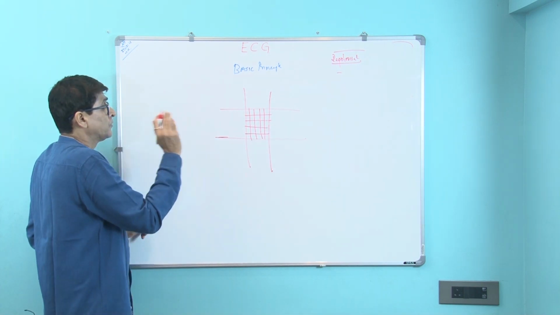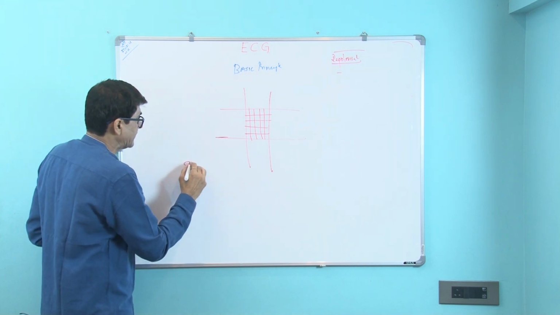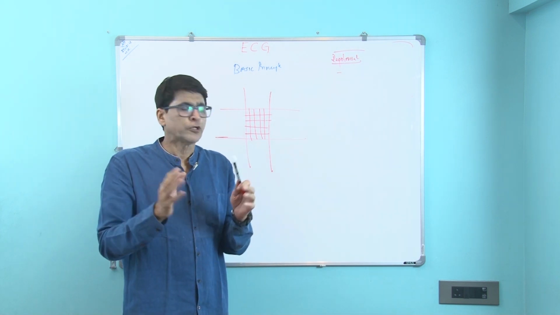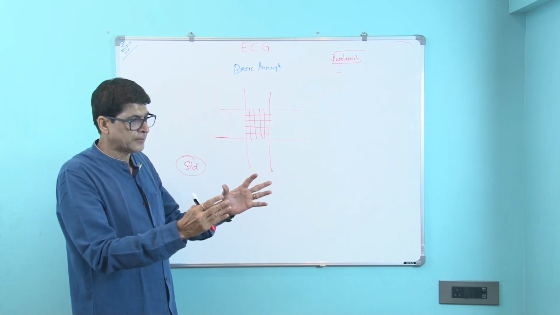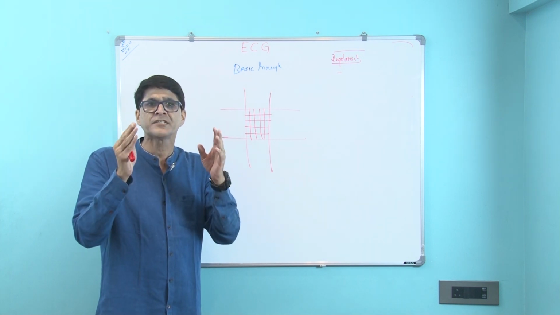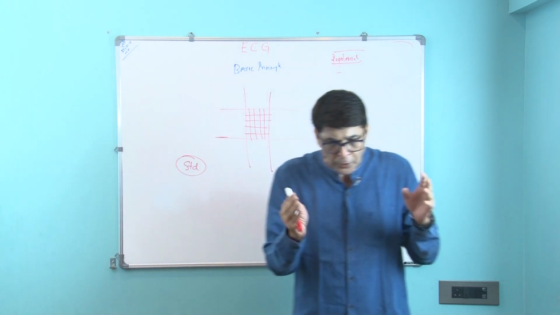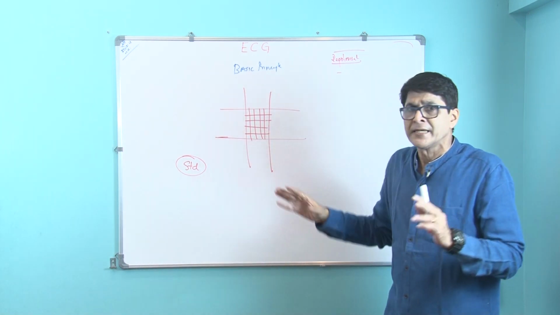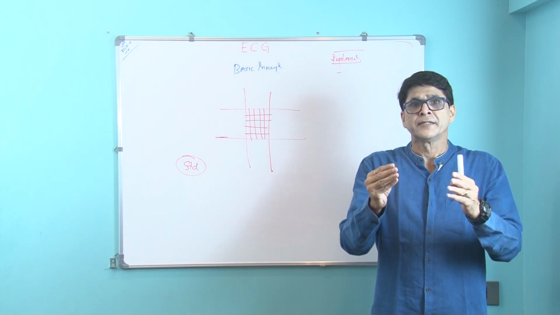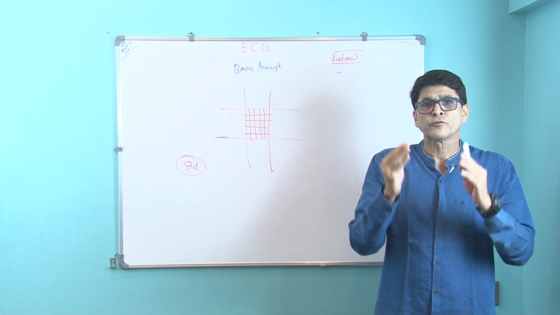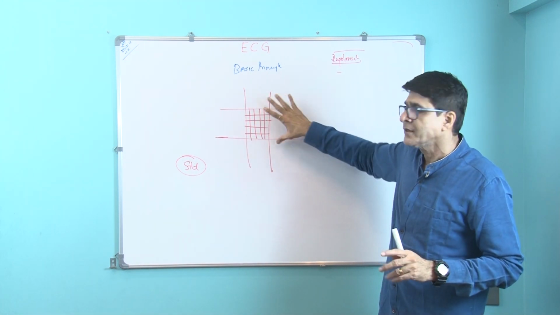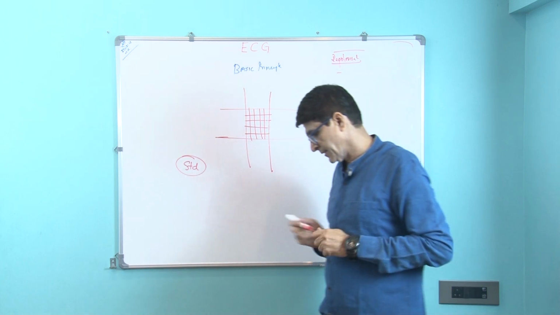Now, what is the standardization? See, ECG records the potential difference between two leads or two electrodes. So, when the electricity generated during action potential is 1 millivolt, it will record 10 millimeter of deflection.